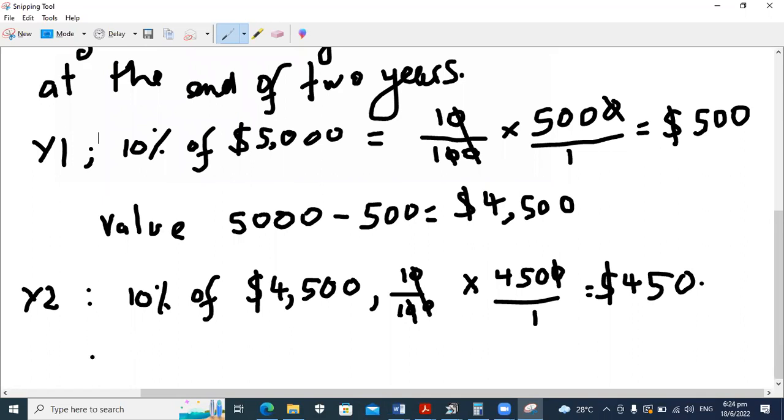So at the end of year two, the value of the item is the difference of those two numbers. What's the difference between 4,500 and 450? 4,050.